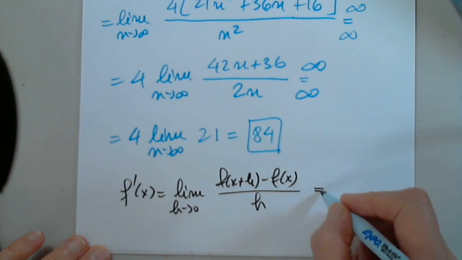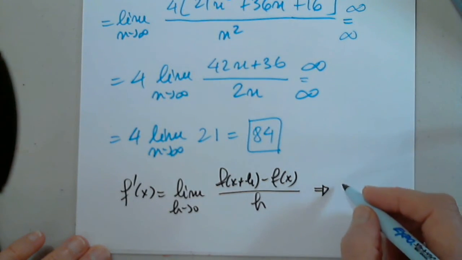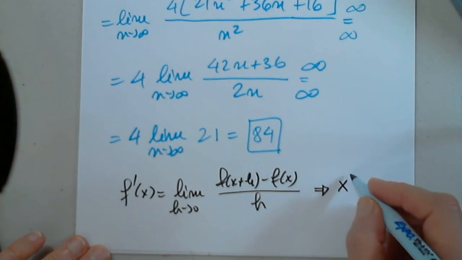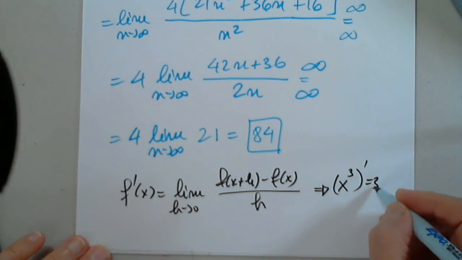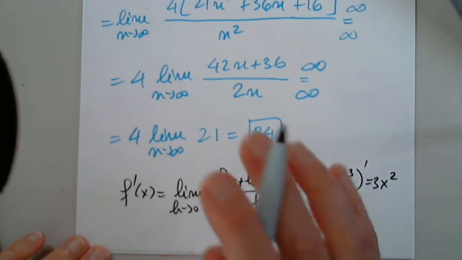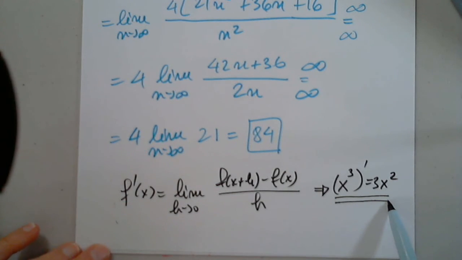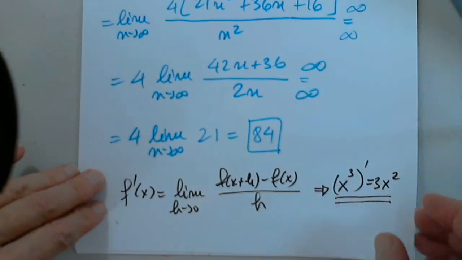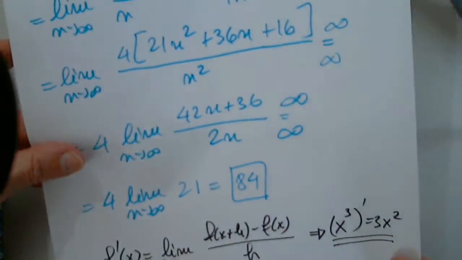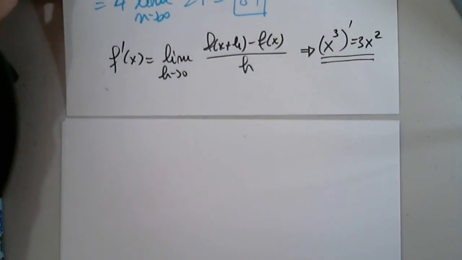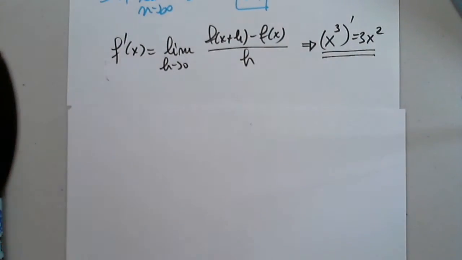But then in chapter 3, we determined the rules, that the derivative of x to the third is 3x squared. Same thing here. We did it the long way to understand what it means, but now we have rules and ways of determining it very fast, like we had with the differentiation rules. Okay, so let me show you how we do this in a blink, so to speak. Not exactly.